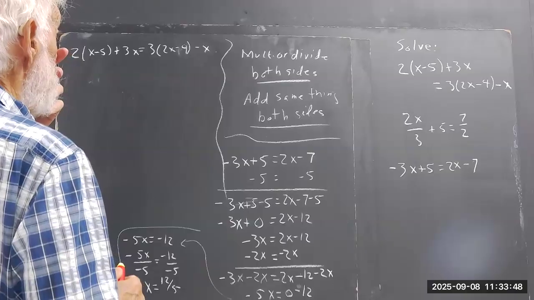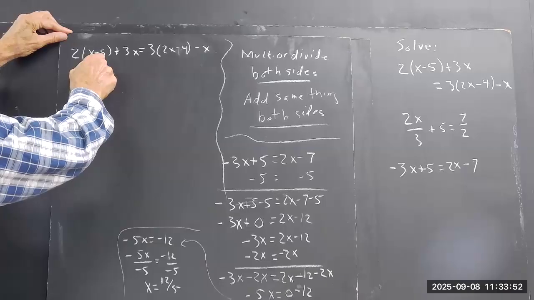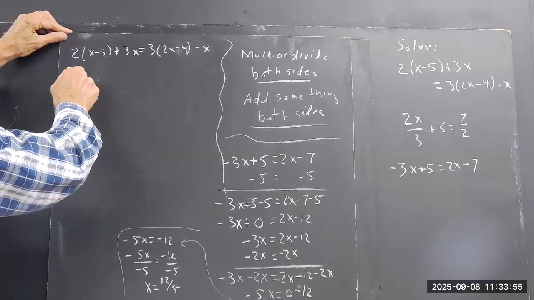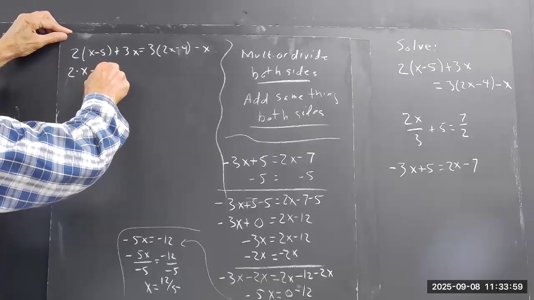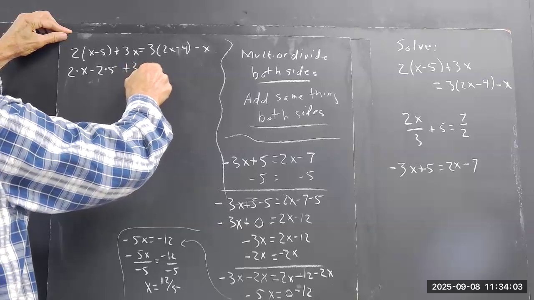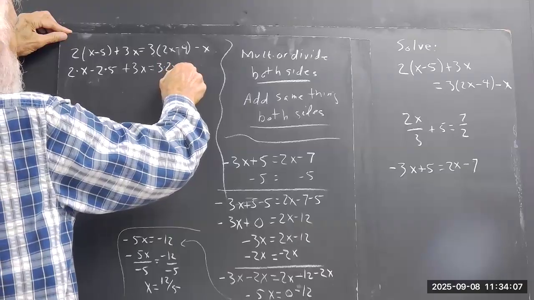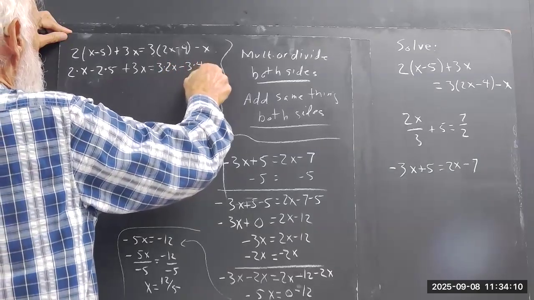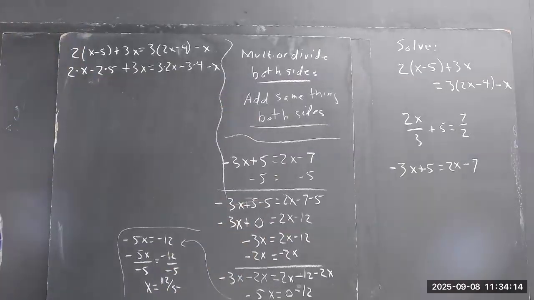So if I multiply 2 by x minus 5, that means 2 times x minus 2 times 5. And then it's plus 3x. And this means 3 times 2x minus 3 times 4 minus x. You want to skip that step because you're in a hurry or you're not.